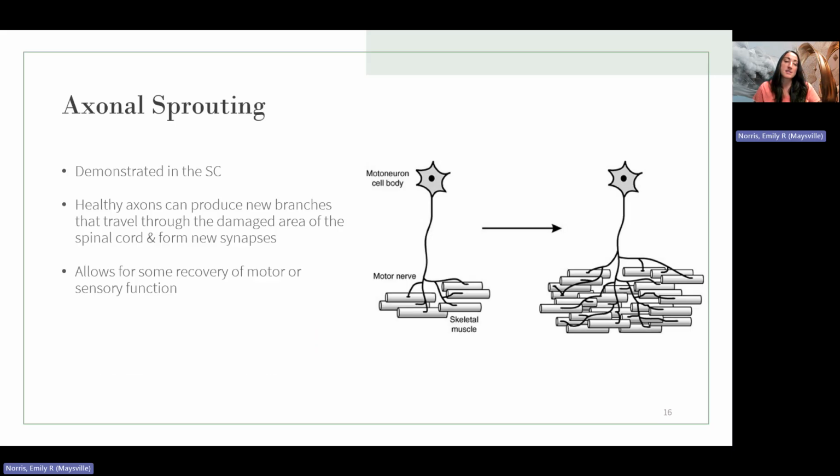And so with the axon sprouting, what happens there is this is primarily in the spinal cord, and the healthy axons produce new branches to travel through the damaged areas and form new synapses. So as you see in that first picture, it's one cell body to just a few skeletal muscles or motor nerves.